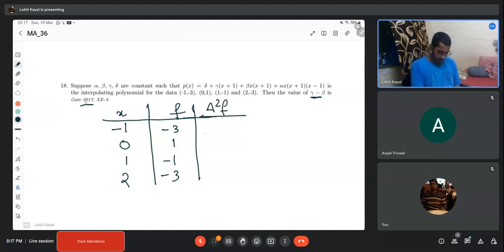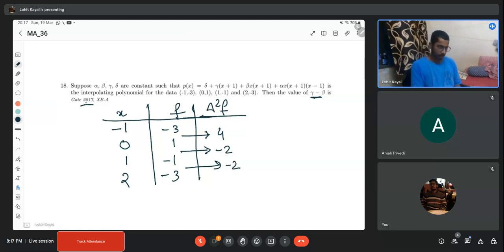Delta square f: this value is minus 4, this is minus 2, this is minus 3, so I think this will again go to minus 2. Am I correct? Just a second. So I am correct.